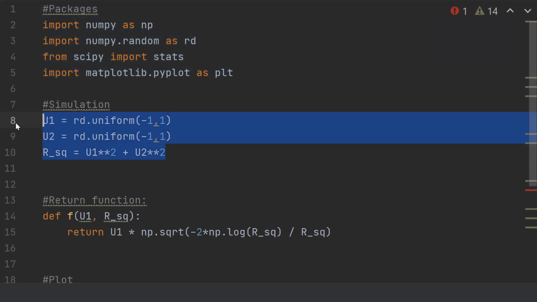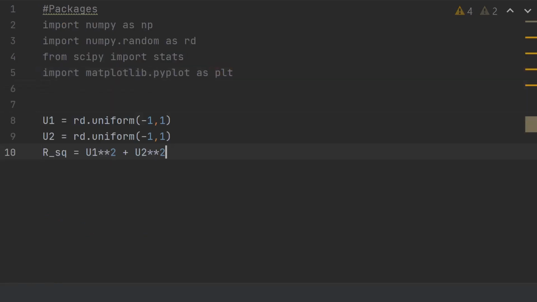So my simulations, well, I will need to simulate my u1, my u2, and then I have to calculate my r squared and see whether or not this is less than or equal to 1.